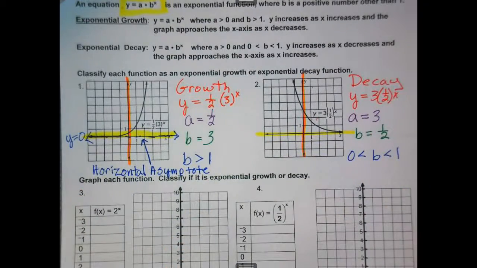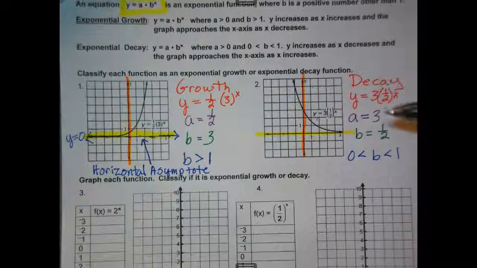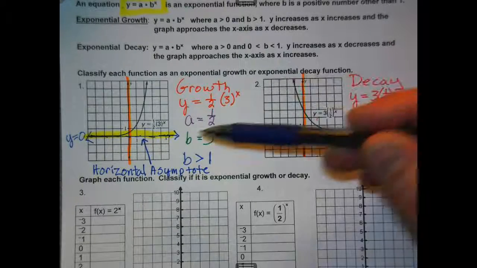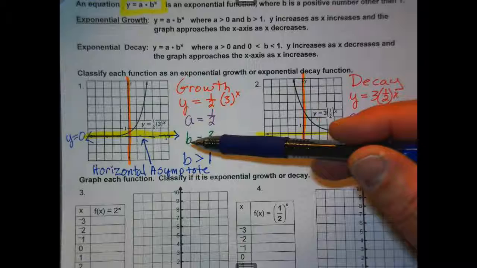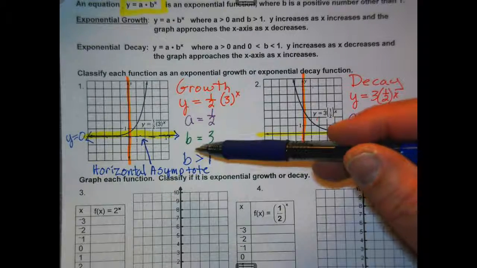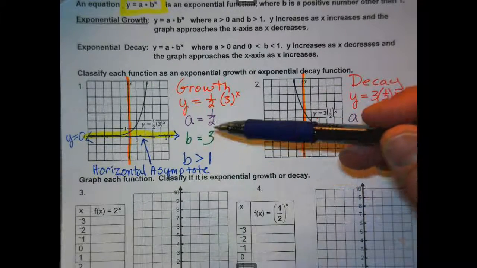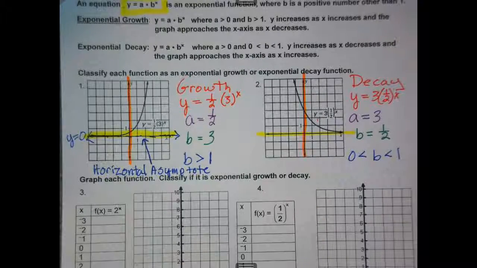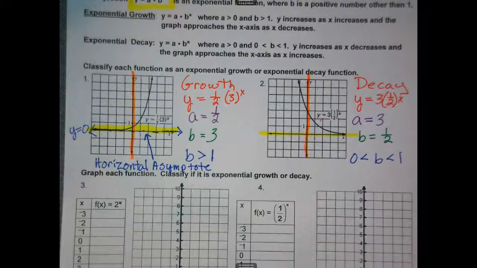Okay? Now, our asymptote can change when we have transformations. So keep an eye on that. Yes, y equals 0 is our asymptote for this particular problem.